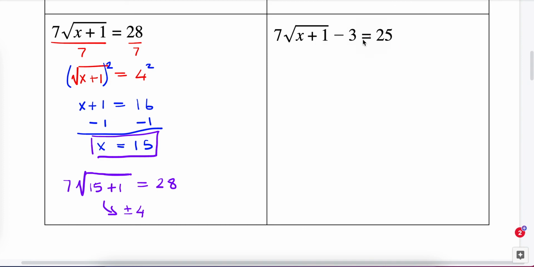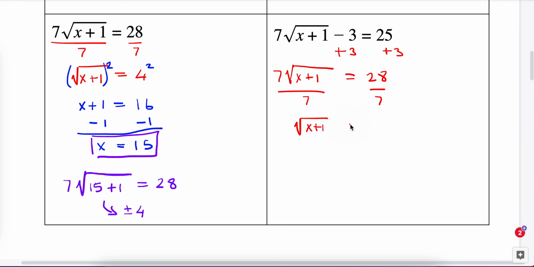Okay, same problem essentially. All we're doing is starting with a negative 3 on the outside, so we're going to add 3 to both sides, and you'll see that we get 7 times the square root of x plus 1 equals 28, and we know that's true from right here. So once again, we're dividing by 7 on both sides. We get the square root of x plus 1 equals 4, and we are raising that to the second power.